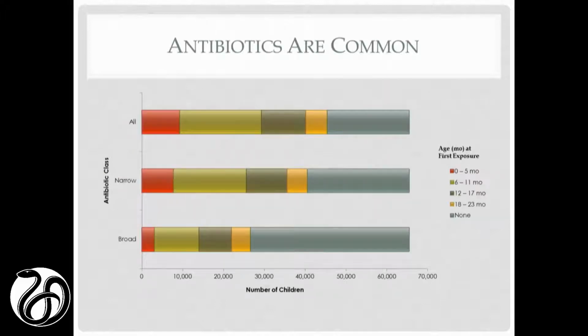Some preliminary observations to note from the study. First of all, we found, unfortunately not to our great surprise, that use of antibiotics is very common in early childhood. So what you're looking at here are times of initial exposure to antibiotics. Reading from left to right, you see successively greater ages of first exposure.